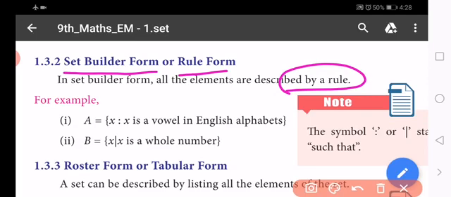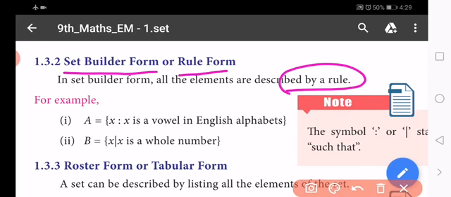That means set builder notation is a notation for describing a set by indicating the properties. What is meant by rule? What are the common properties used in the elements, indicating the properties that its members must satisfy? It must satisfy that property.